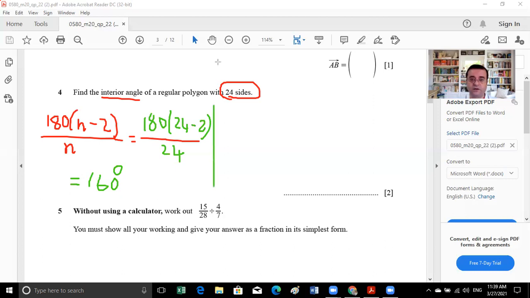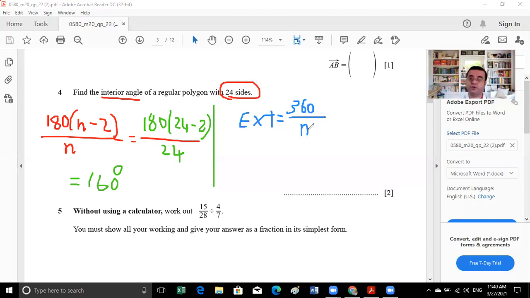Okay, I have my formula about this one, which is n, number of sides, or you can say exterior angle. I think I mentioned this before. Exterior angle, this ext means exterior angle, equals 360 over n.